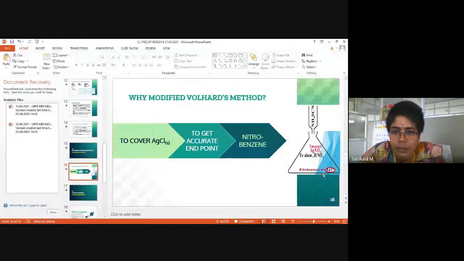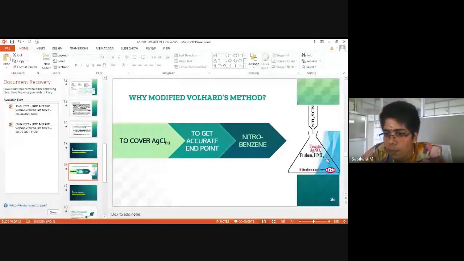Why is it covered? In order to get an accurate endpoint. Otherwise, if silver chloride is present without covering, the silver ion may also react with ammonium thiocyanate to give silver thiocyanate.